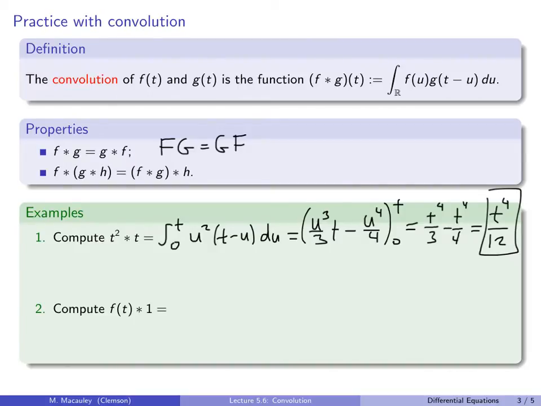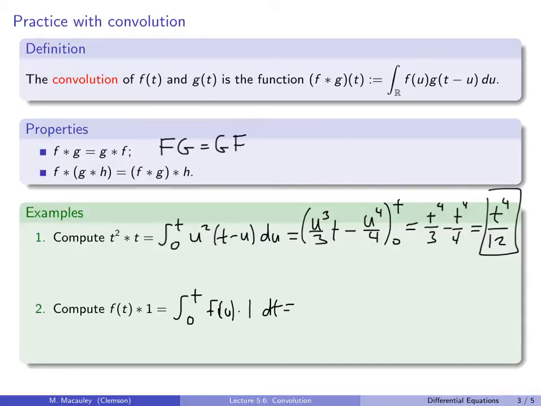So what's f of t star 1? You might think it's f of t, but you would be wrong. Let's see. It is the integral from 0 to t of f of u times 1 du.